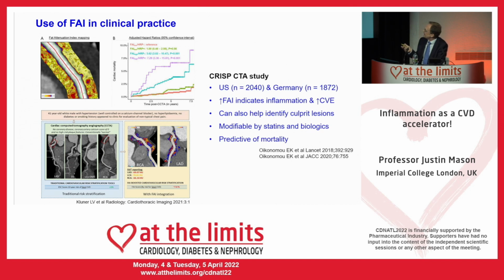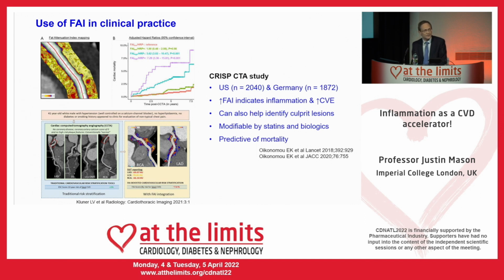And this is shown here, where you take someone with a normal FAI and a low-risk plaque as the index, and then they were looking at normal FAI with a high-risk plaque, low FAI with low-risk plaque, and high FAI with a high-risk plaque. And progressively, you see an increase in cardiac mortality associated with significant change in the FAI.